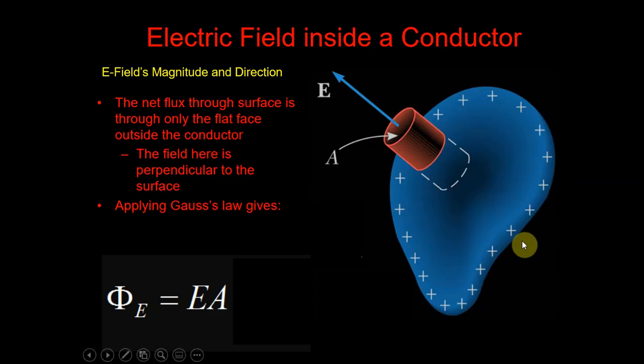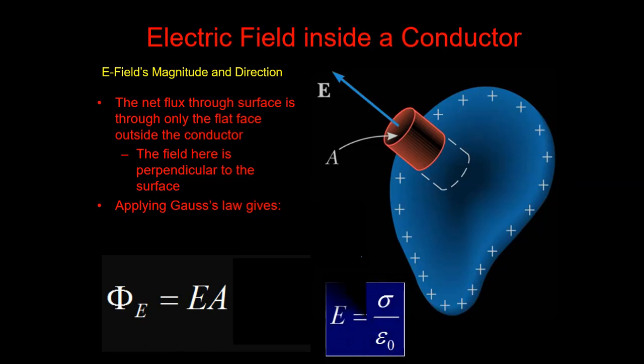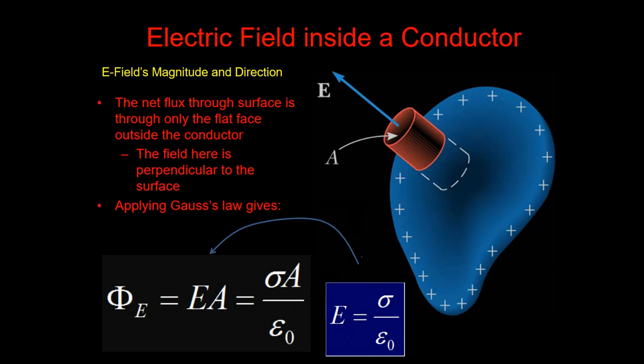I'm not going to give you teardrop shapes. I'll give you relatively simple shapes. But E here is sigma, charge per unit area, over epsilon 0. If we substitute this in for E, then what we'll end up with is sigma A over epsilon 0. So take a look at any number of these variations and substitutions.